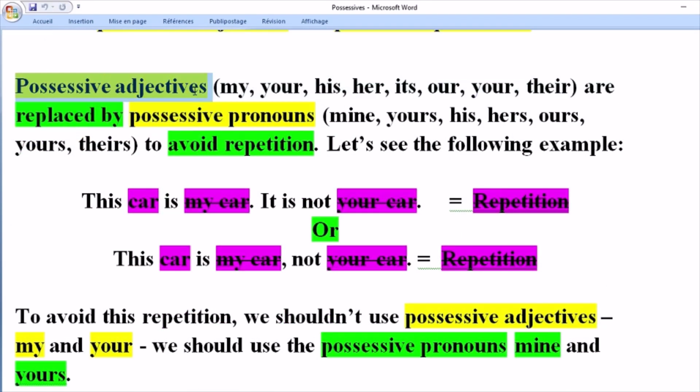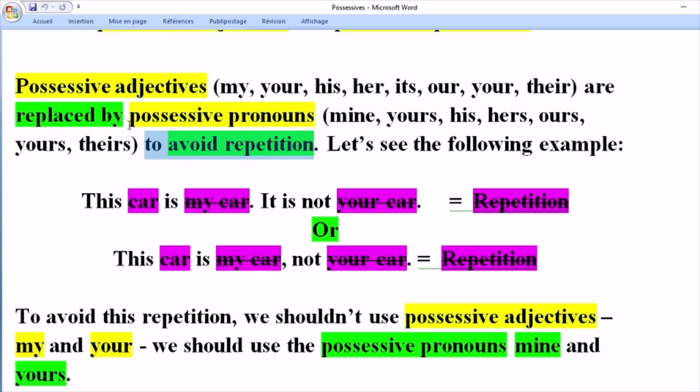Possessive adjectives, my, your, his, her, its, our, your, their, are replaced by possessive pronouns, mine, yours, his, hers, ours, yours, theirs, in order to avoid repetition.